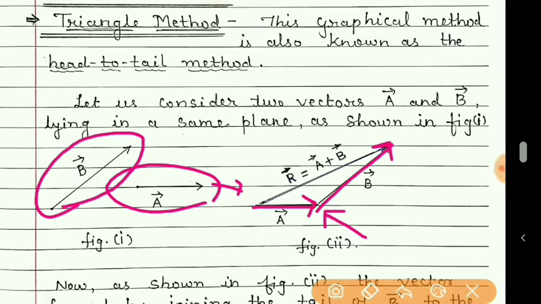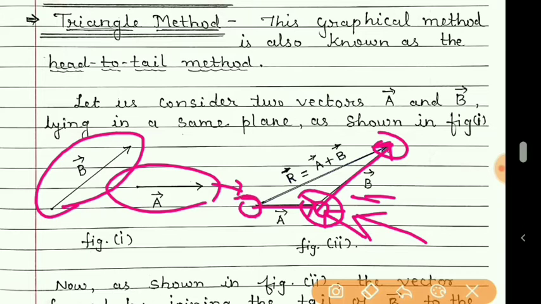You can see the tail of vector B is on the head of vector A. So here head and tail, they are connected. And finally one tail is remained and one head is remained. This head and tail here, they were connected with each other, so you have to forget it.